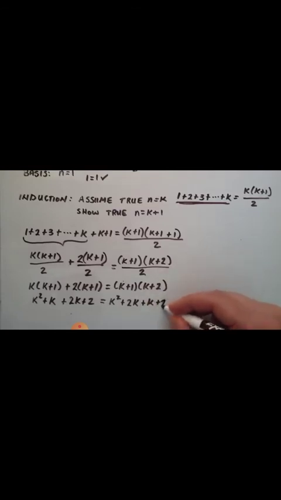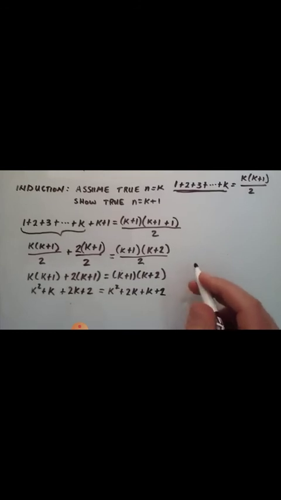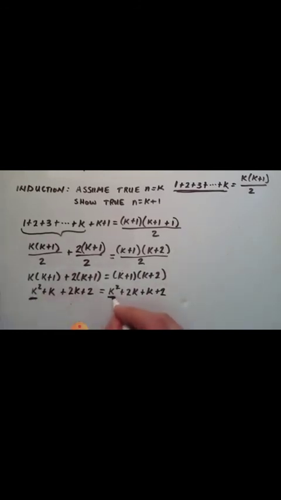After adding, we get the same result: k square plus 3k plus 2 on the left hand side, and on the right hand side it is also k square plus 3k plus 2. Hence this equation is balanced.